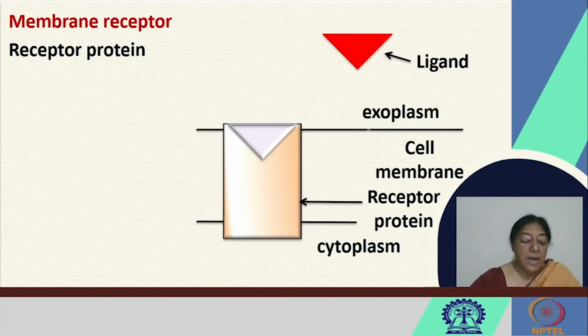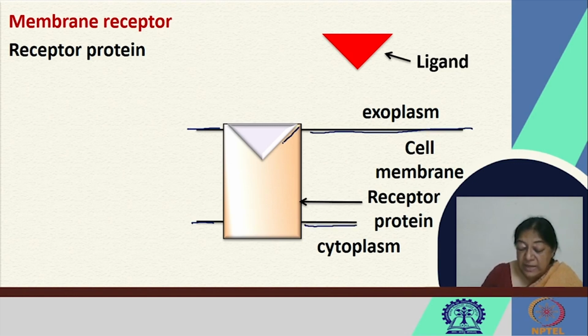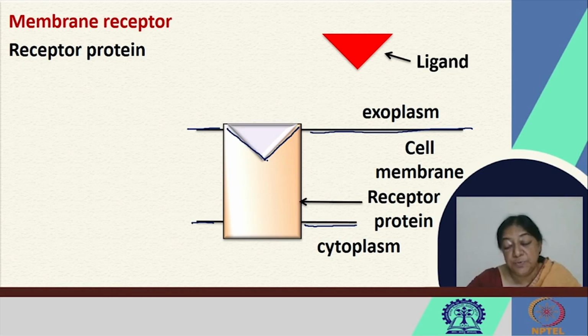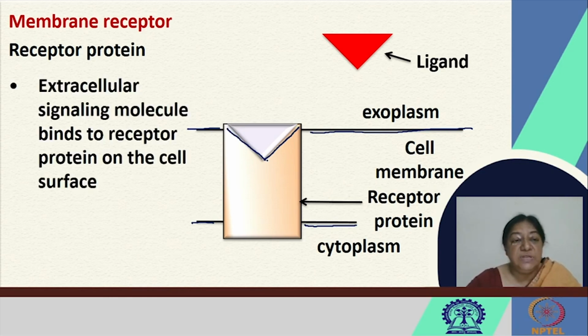When we look now at transfer across the membrane, we have our exoplasm, we have our cytoplasm, and an integral protein that is a specific receptor protein. An extracellular signaling molecule binds to the receptor protein on the cell surface.